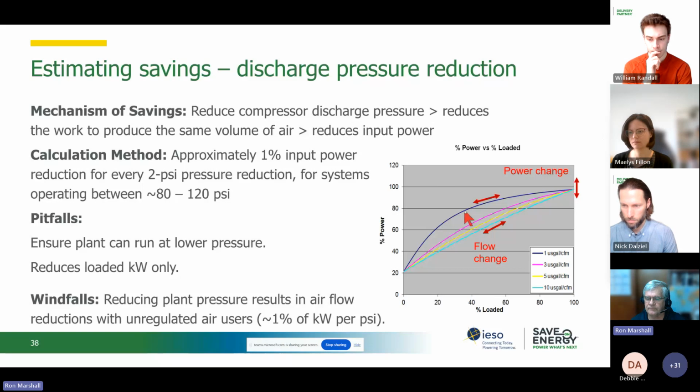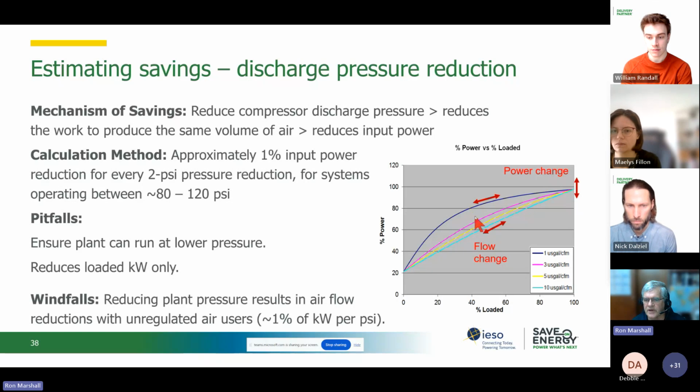So here's what I call banana curves, right? I jokingly think this is a banana, but load unload compressors have these different curves depending on the volume of storage that's connected to them, right? And when we're reducing the discharge pressure, only this end increases or decreases, right? Not this end.